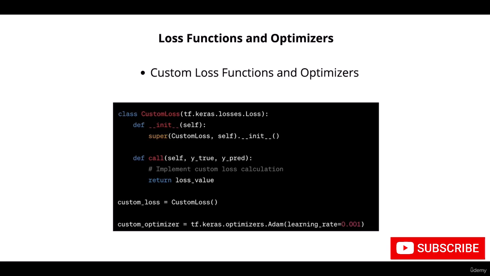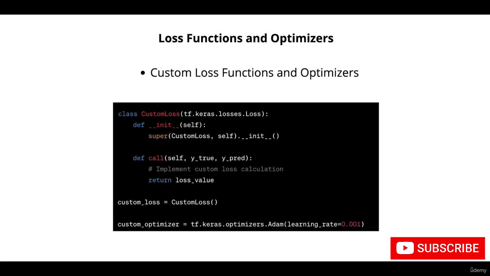You initialize by saying super custom loss self. These are the constructors, and then the call function where you pass self, y_true, y_pred and return the loss value. Custom loss equal to custom loss function. Custom optimizer equal to tf.keras.optimizers.Adam, learning rate of 0.001.